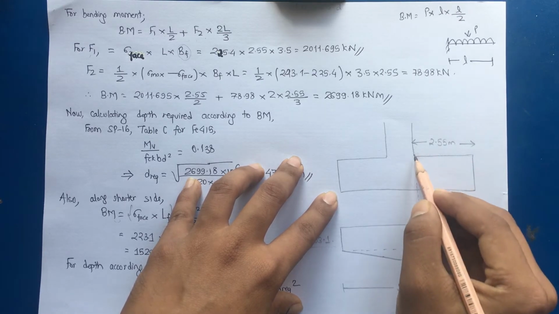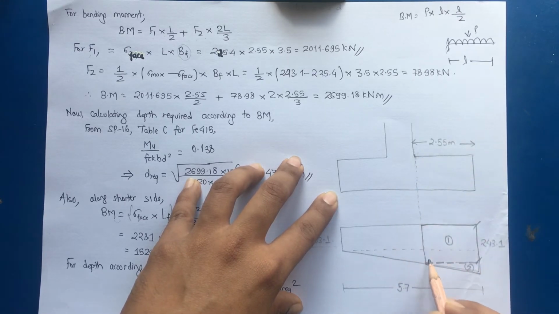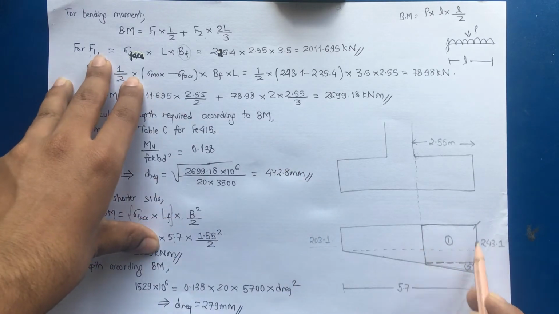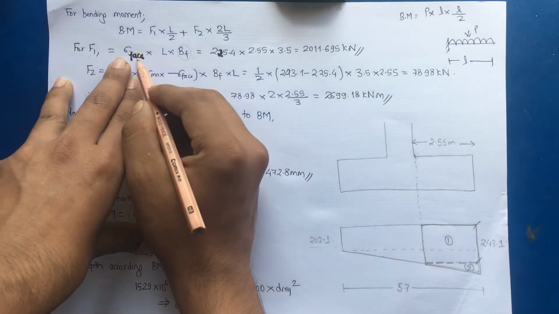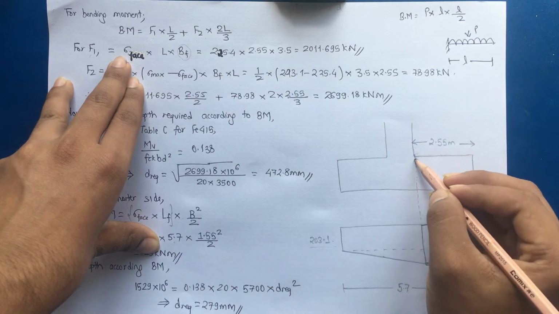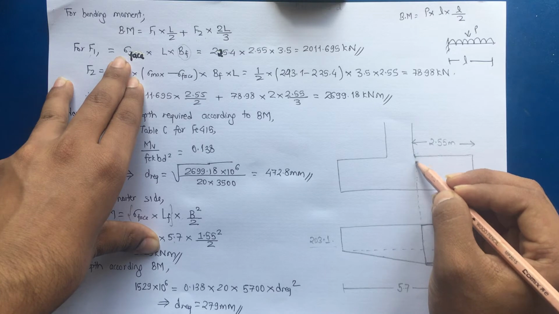So the loading at this overhang is equal to this trapezoid. It is the summation of 1 plus 2, that is a rectangle and a triangle. Firstly we'll calculate the area of this rectangle, and then the area of this triangle. The rectangle's value is sigma face, because this value is the swell pressure at the face of the column.